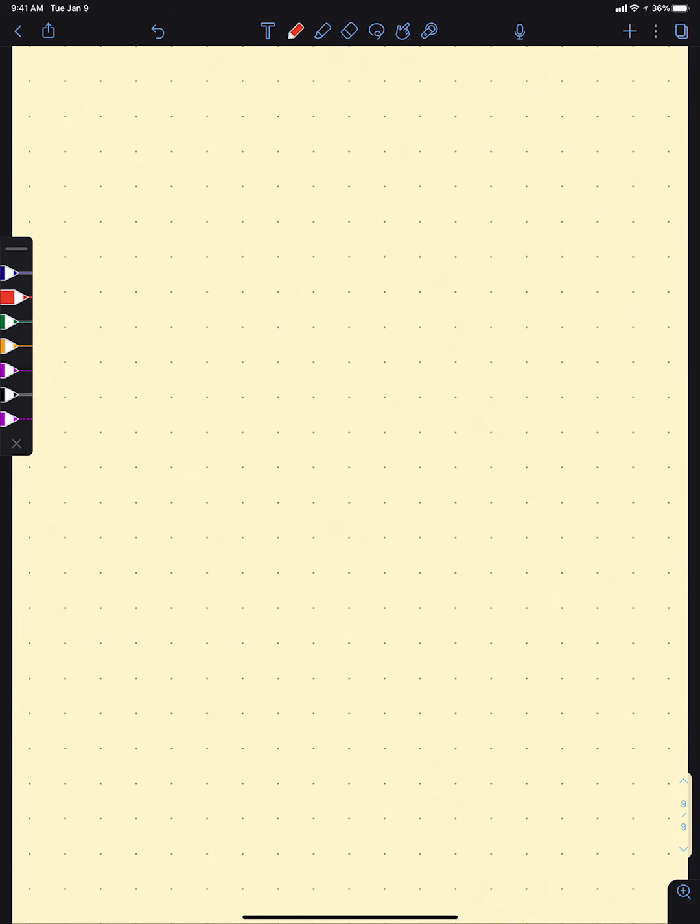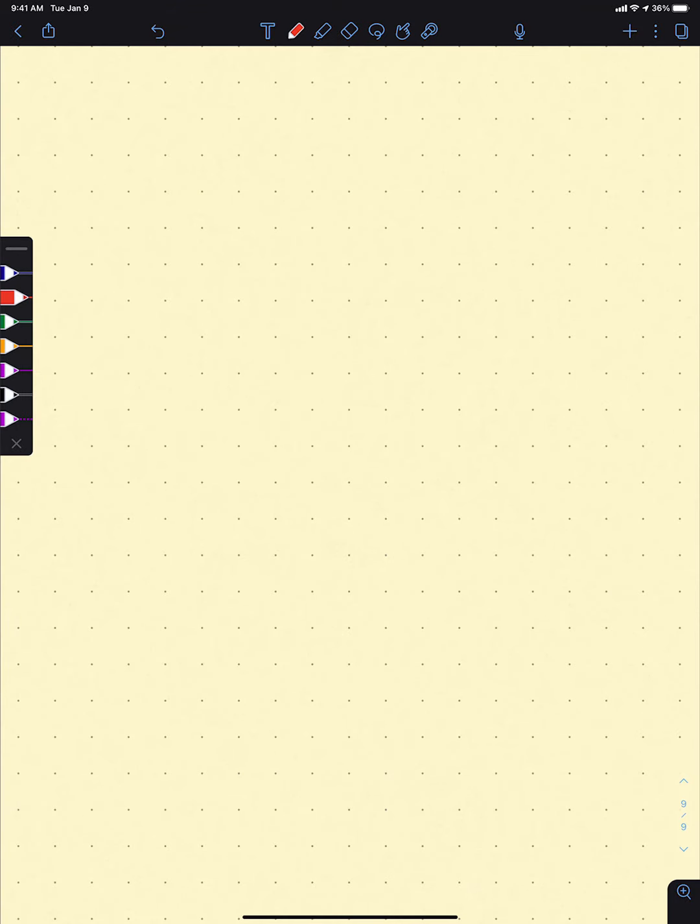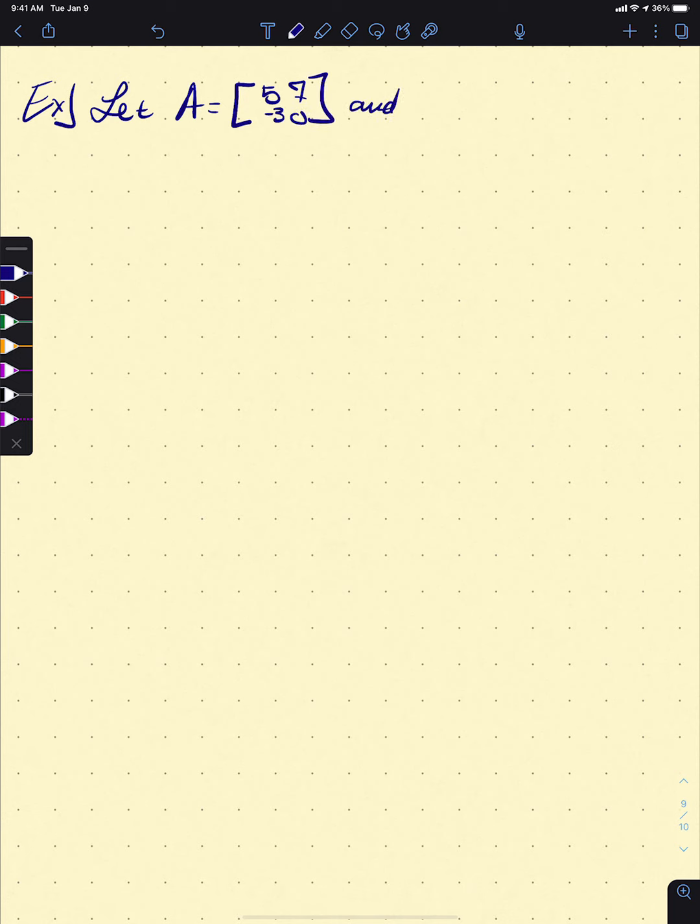Let's do ourselves another example. And let's deal just with square matrices. So let's say A is 5, 7, negative 3, 0, and B is, say, 1, 2, 9, negative 1.